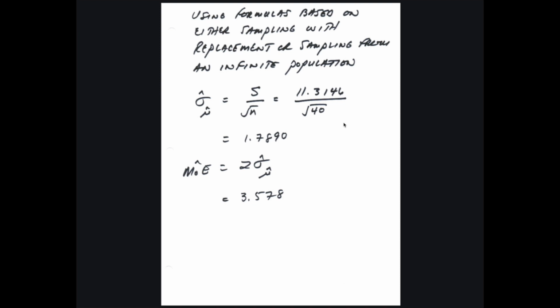Now, what if, instead of using formulas for just simple random sampling, we completely ignore the fact that we were sampling without replacement and use formulas that are based on IID random sampling, so using procedures that you learned in your first methods course. Then doing that, the estimated standard error of mu hat is 1.789. The margin of error would be 3.578.